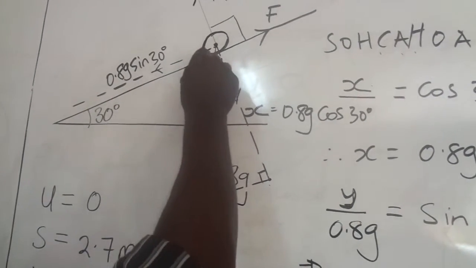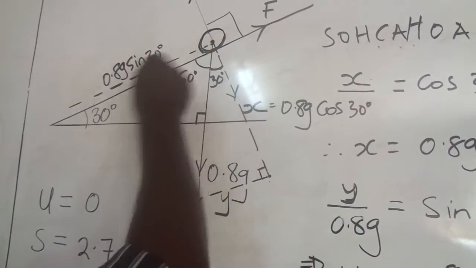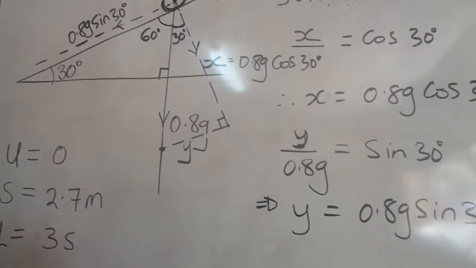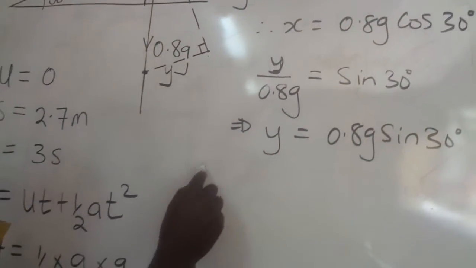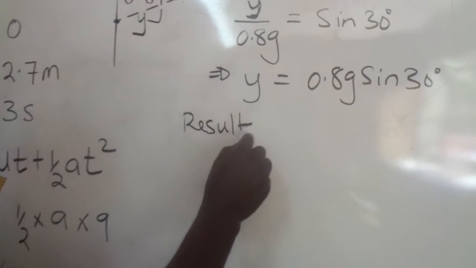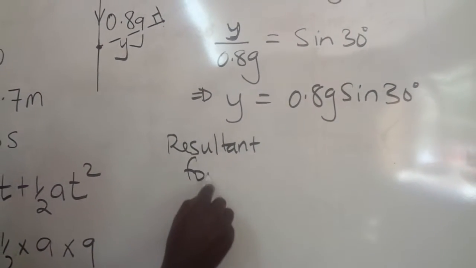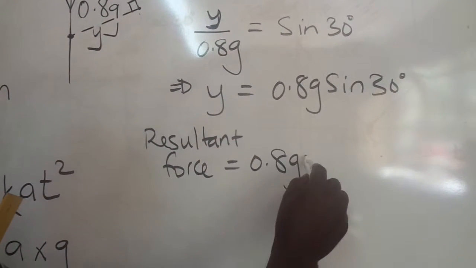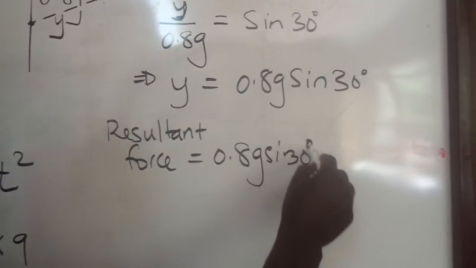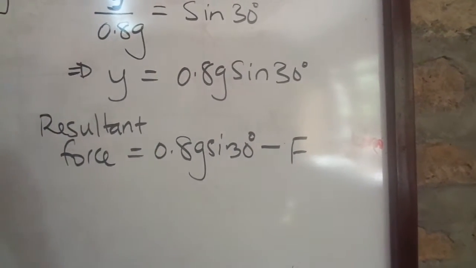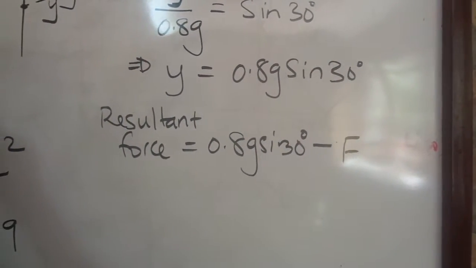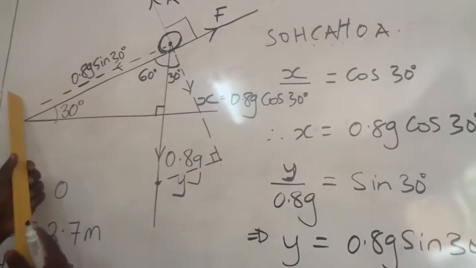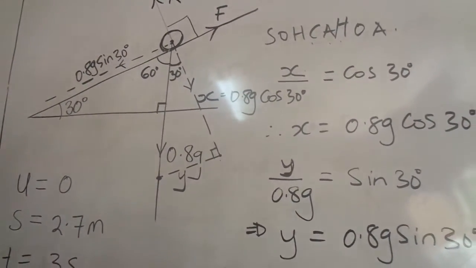So we need to get the resultant force of the two. The resultant force would be 0.8g sin 30° minus F, because this is the force pulling and this is the force opposing. Since the particle is moving downwards, the resultant force will be this.